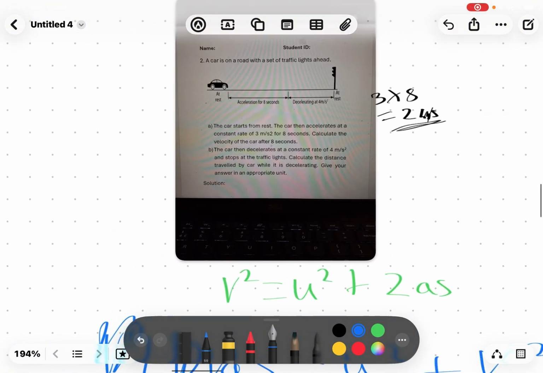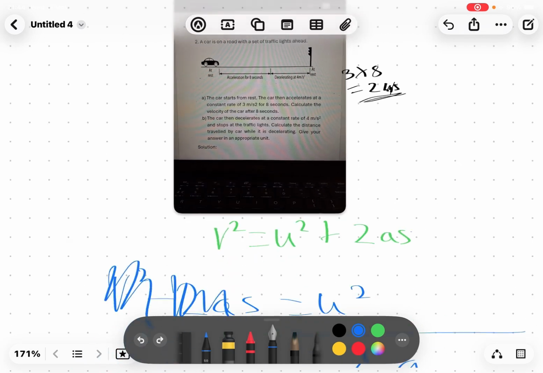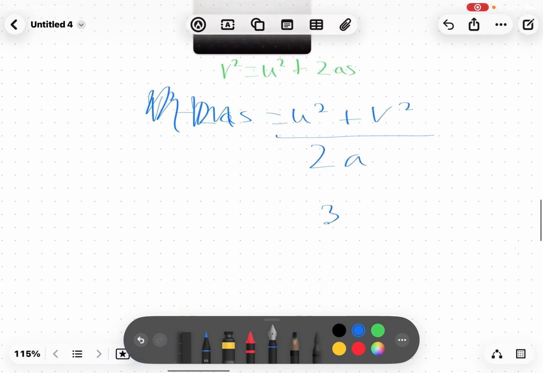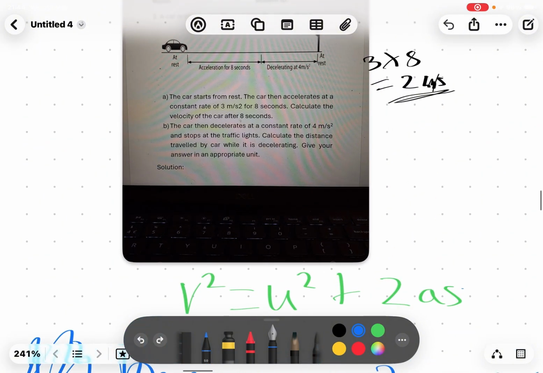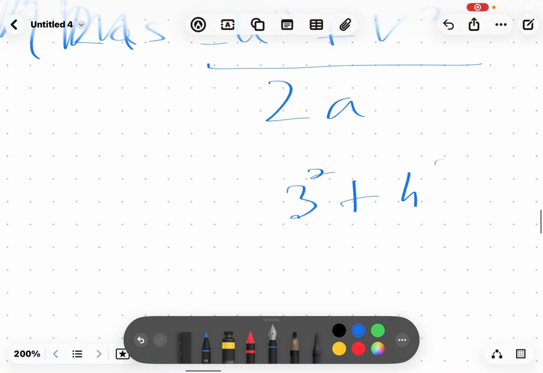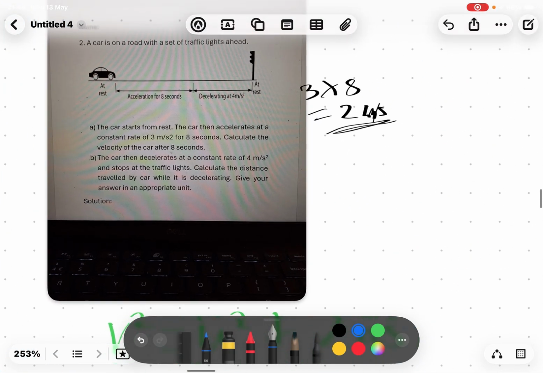So the initial velocity is 3 squared plus 4 squared times the... oh wait, I did it wrong. Basically, this is the initial velocity, right?